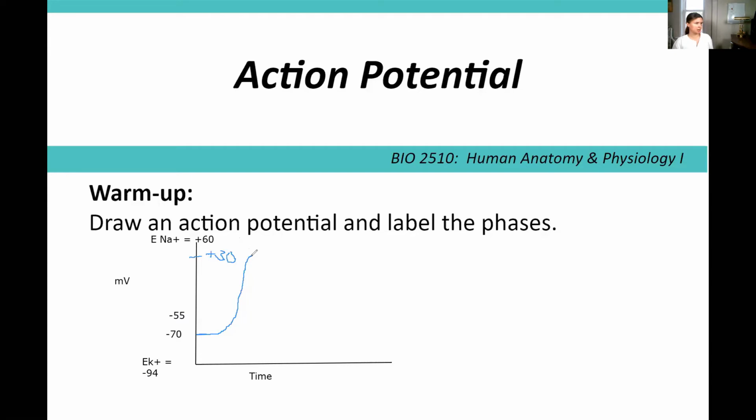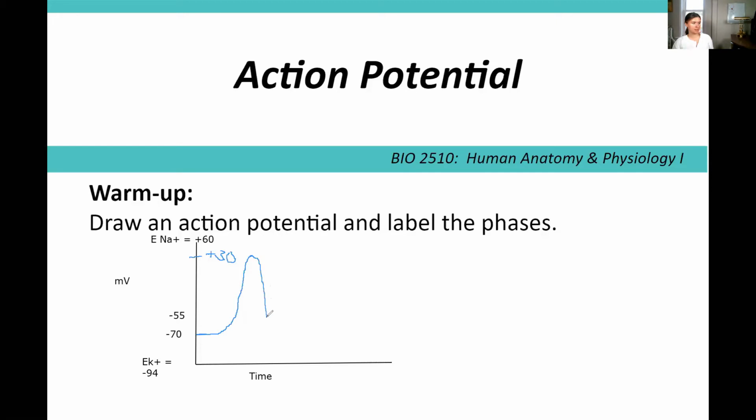Okay. Now we have our delayed action on the voltage-gated sodium channels. This is about a millisecond after we've hit this threshold depolarization. So now our inactivation gates start to swing closed. Because our inactivation gates are swinging closed, sodium can't get through those voltage-gated channels anymore. So this charge starts to drop down.